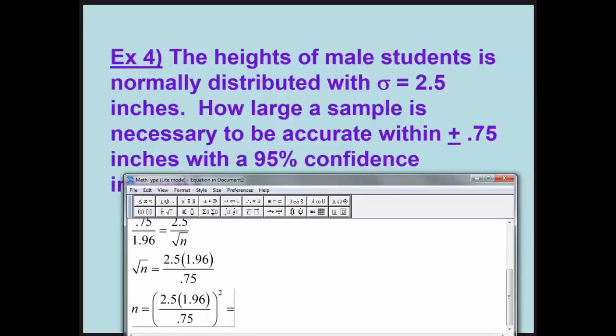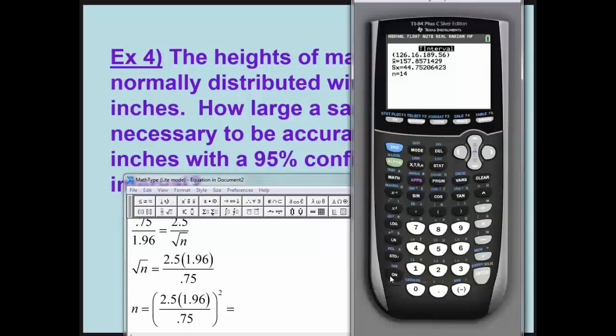Okay, so now I'm going to go to the calculator and type in all that information. I want 2.5 times 1.96 divided by 0.75, and then I want to square that.